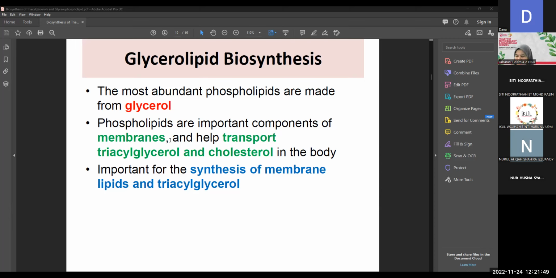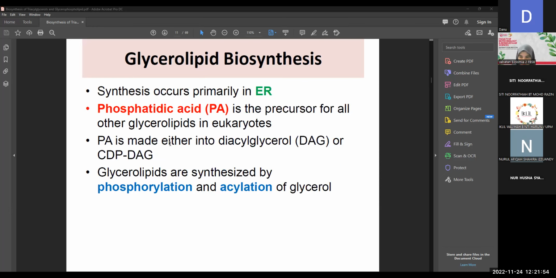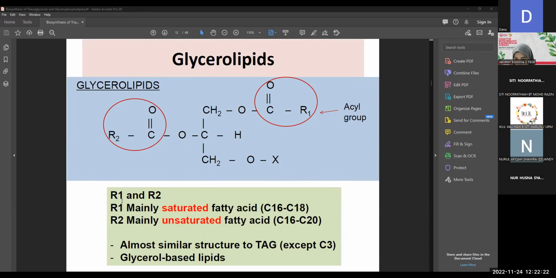Glycerolipid biosynthesis occurs primarily in the endoplasmic reticulum. Phosphatidic acid is made into acylglycerol, which we will discuss later. We have discussed that glycerolipids are synthesized by phosphorylation and acylation of glycerol.